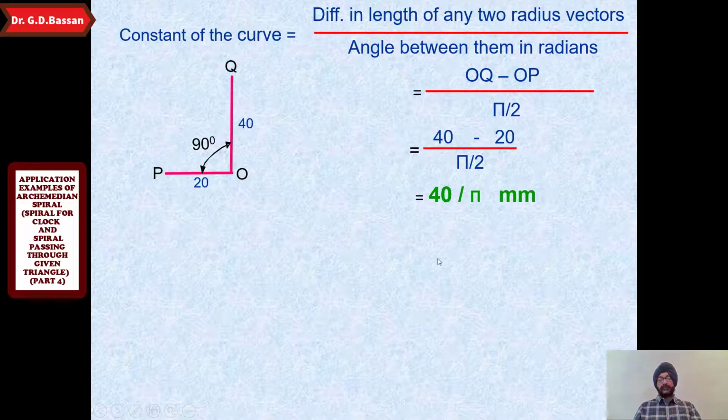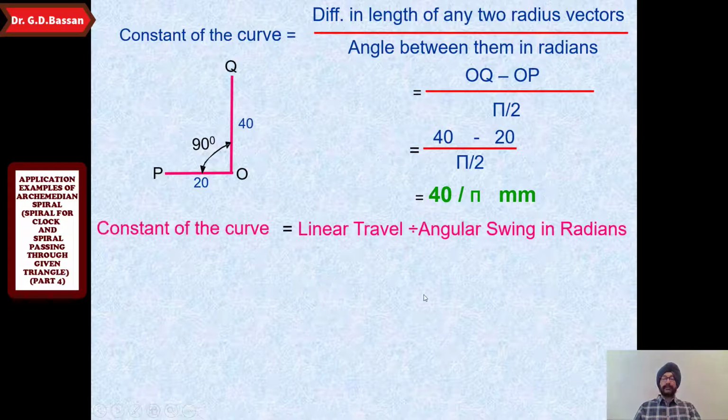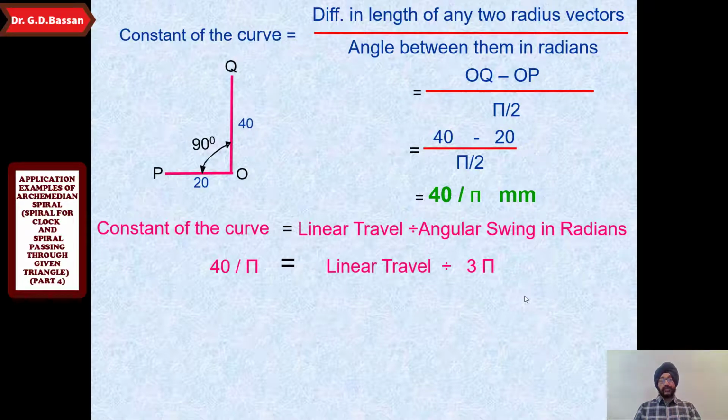Now again, you know what the constant of the curve is: linear travel divided by angular swing in radians. So the constant of the curve we know is 40 by pi, and linear travel we have to find out. What would be the angular swing? That is 3 pi. How is it 3 pi? That is 1.5 convolutions. One convolution is 2 pi, and for the additional half convolution, that is to be considered as pi.